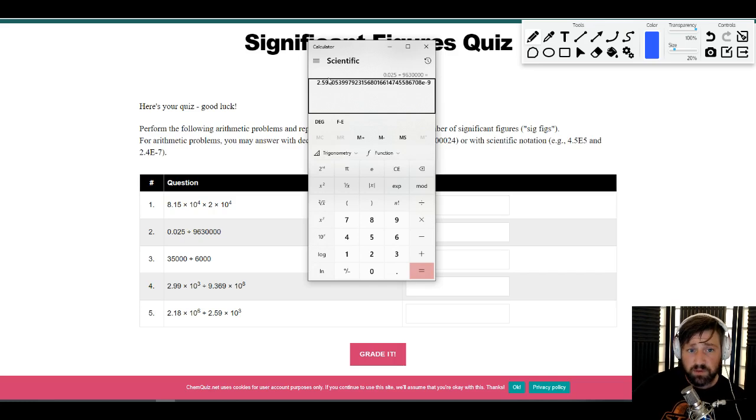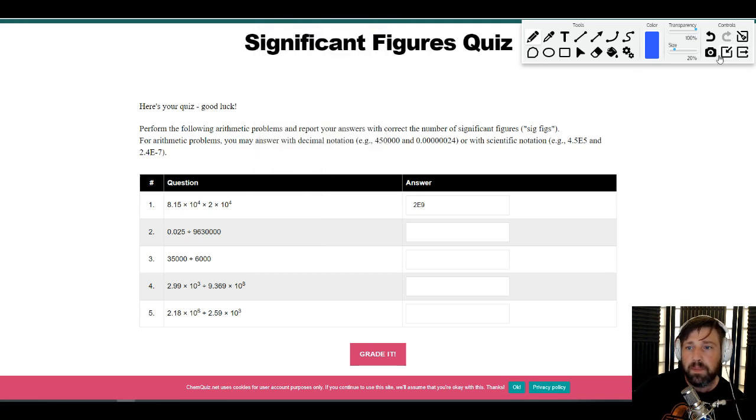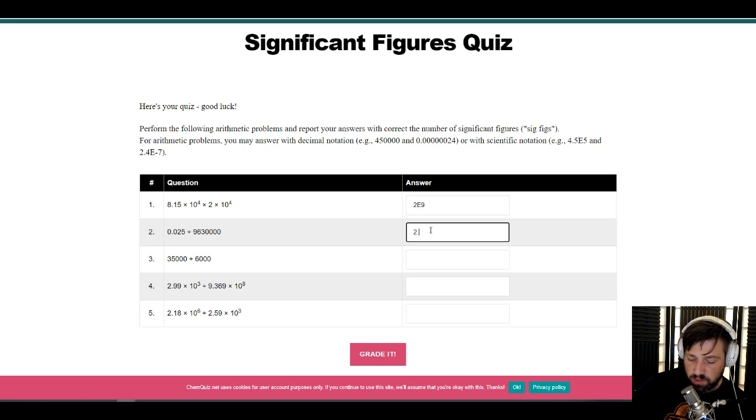This is going to be 2 sig figs, so these first 2 are the only ones that we're going to be keeping. We are going to be rounding up because the next number down is a 9. So 2.6 times 10 to the negative 9th. Okay. So 2.6 e negative 9.